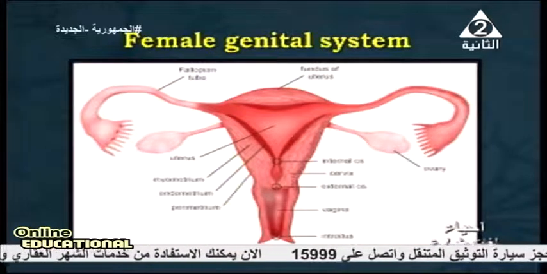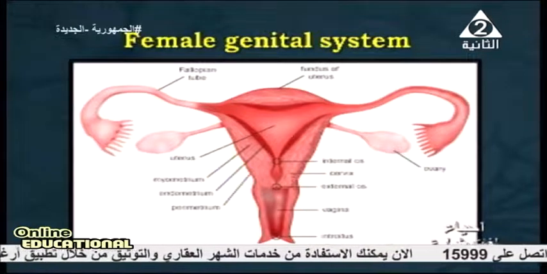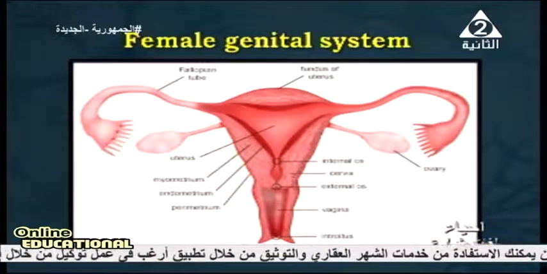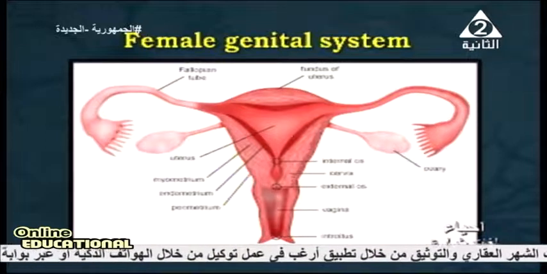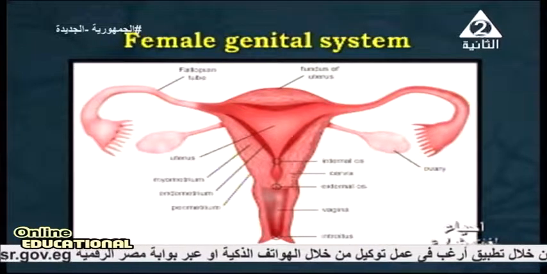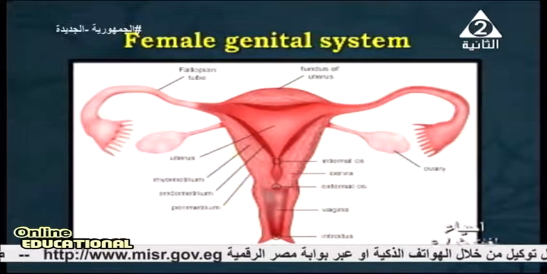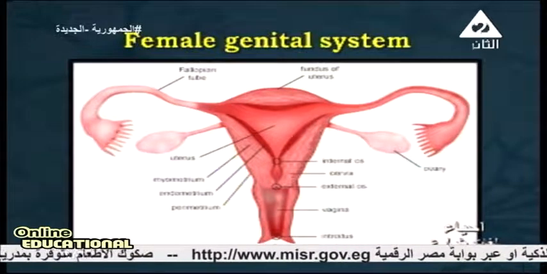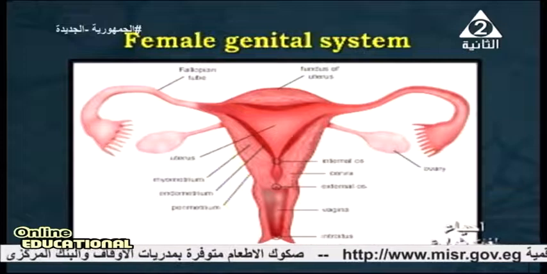You can see that it takes the shape of a pear inside the abdominal cavity. Again, two ovaries, two fallopian tubes, the uterus and the vagina.